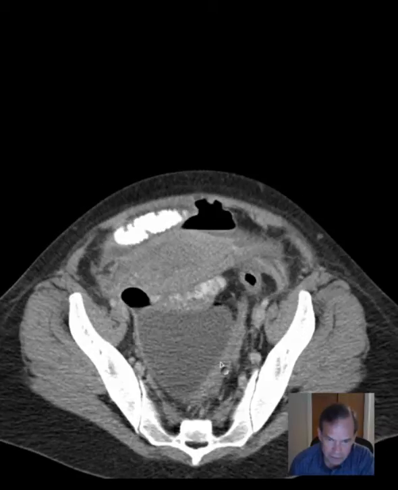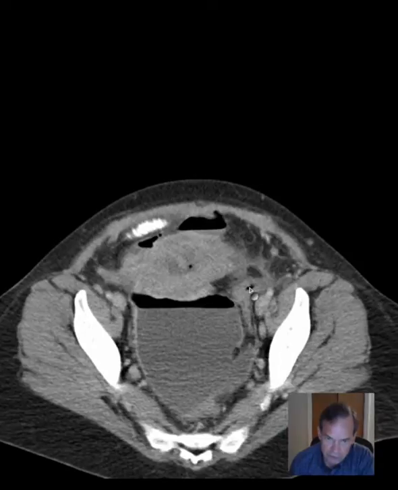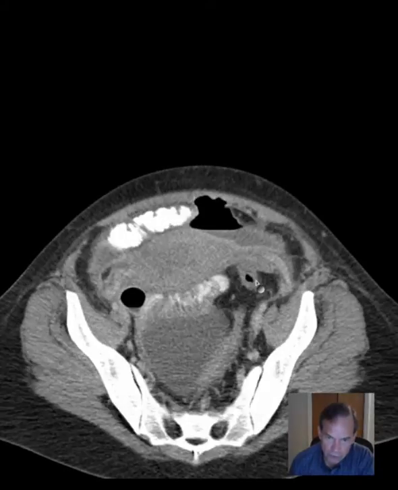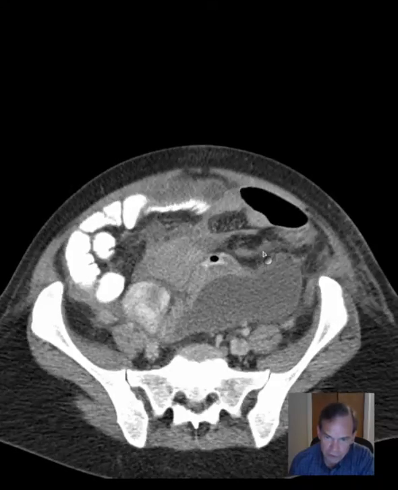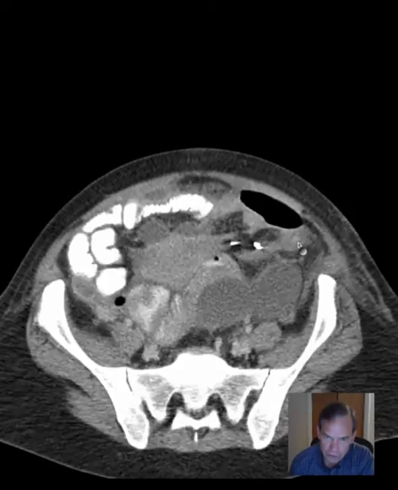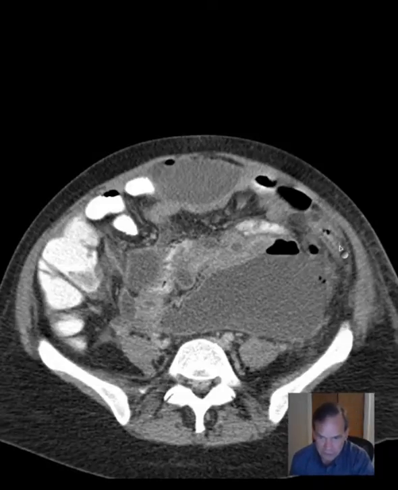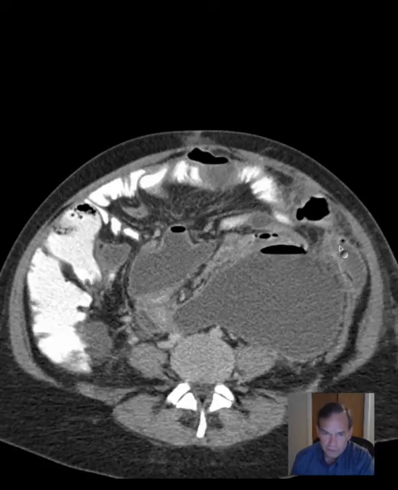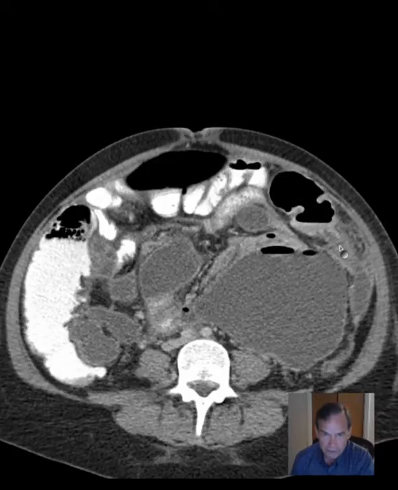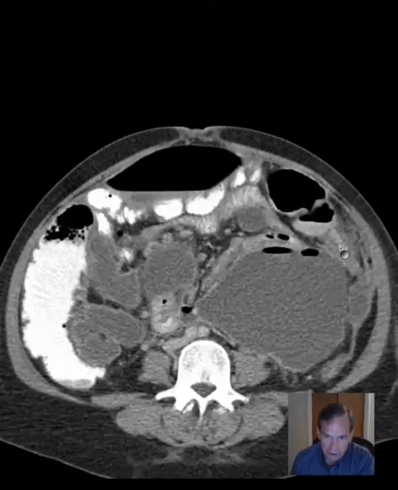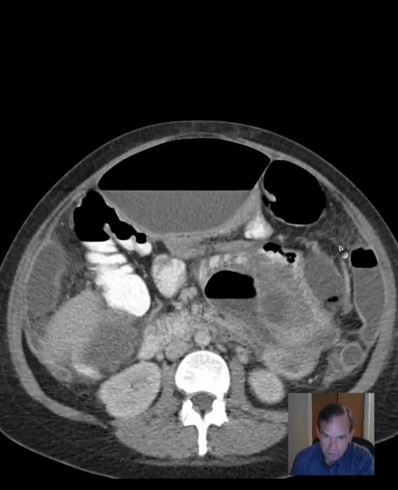And this is coursing over this direction, so that would make this sigmoid colon, some sigmoid colon here. Okay, and then this is bridging across over here to that structure there, which we initially thought correctly was the left colon.